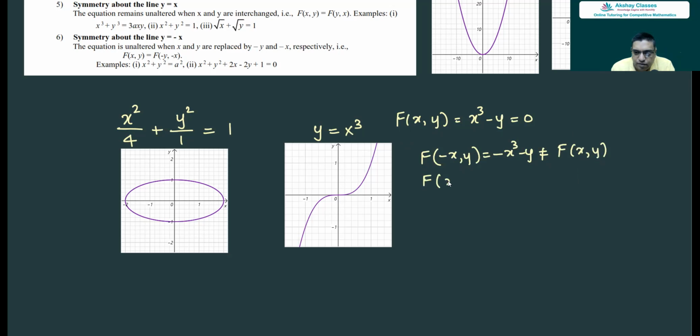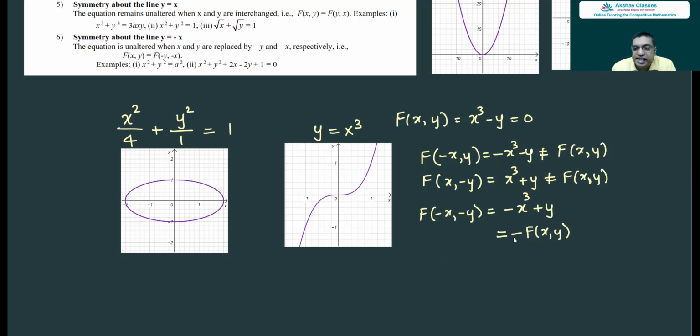And f of x comma minus y, I replace y by minus y, I get x cube plus y, which is not equal to f of x comma y. So it is neither symmetric about the y-axis nor symmetric about the x-axis. However, if I replace both x and y simultaneously by their negatives, what I get is minus x cube plus y, which will be minus of f of x comma y.